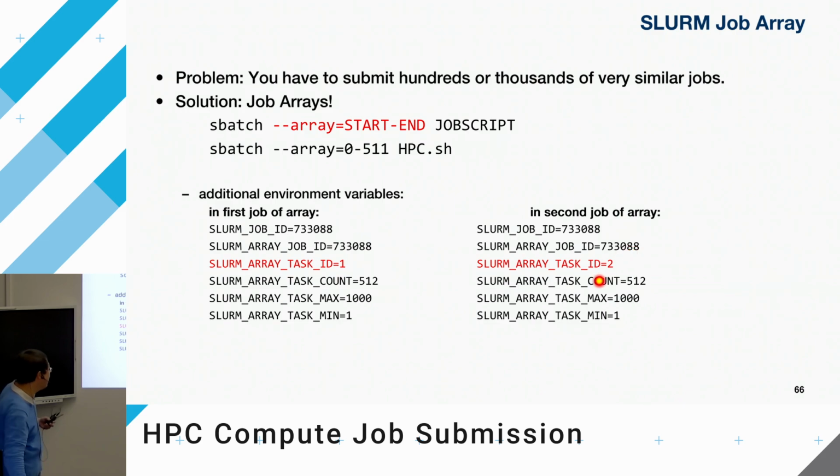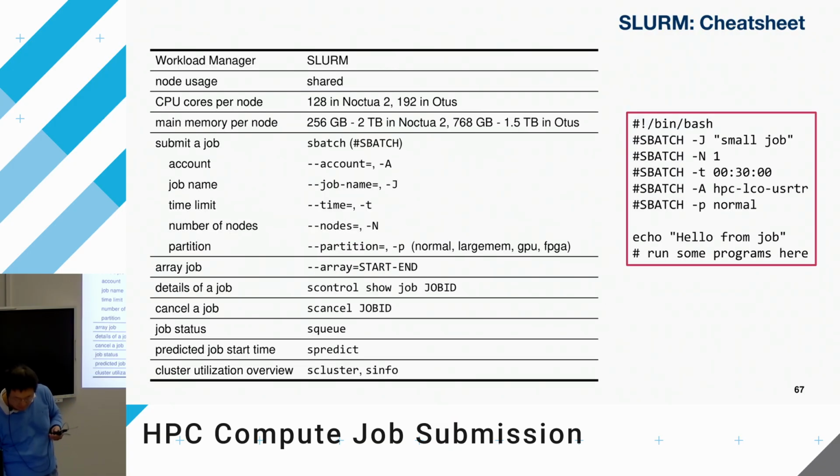And then by using those environment variables, you can control your job script, to make your submission or follow-up data analysis automatic. This is very, very convenient, because otherwise, to submit 1,000 jobs, this is insane.